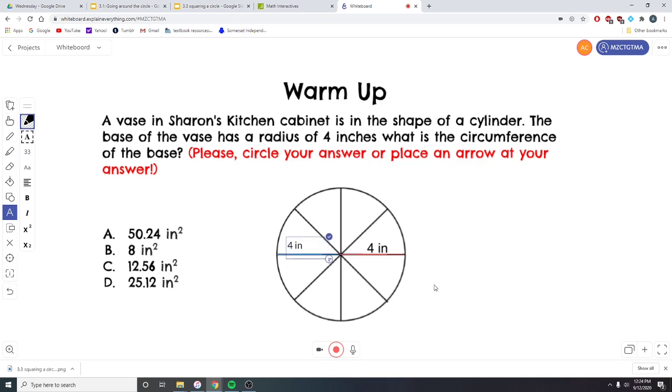Based off that information alone, I can figure out the diameter. Remember, our diameter is from one side to the other.